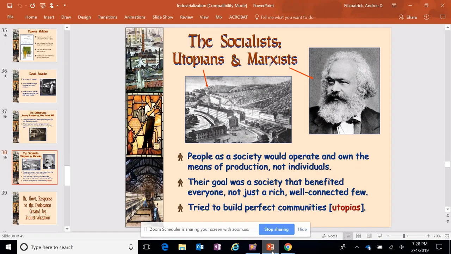Housing would be provided, schooling would be provided, and the factory owner would have a more fair sharing of the profits with his workers. Robert Owen is one of the primary proponents of utopian socialism. That did not end up being a reality. There were some experimental communities that tried to operate according to these ideas.